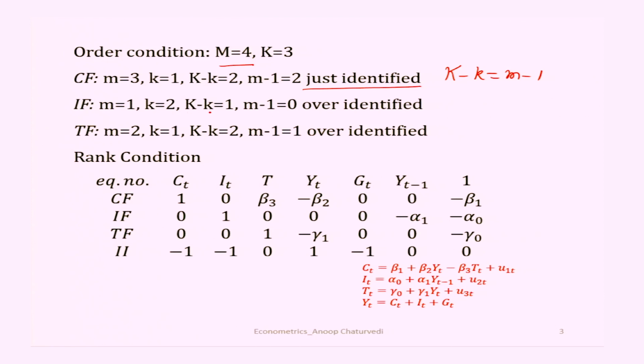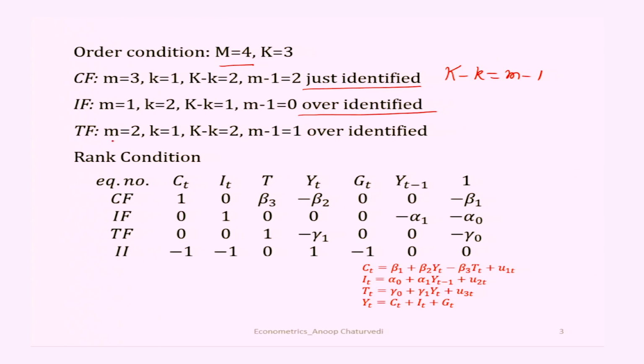So, capital K minus small k is equal to 1, that is 3 minus 2 equal to 1, and small m minus 1 is equal to 0. So, according to the order condition, it is over identified.